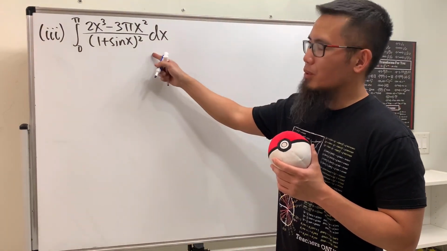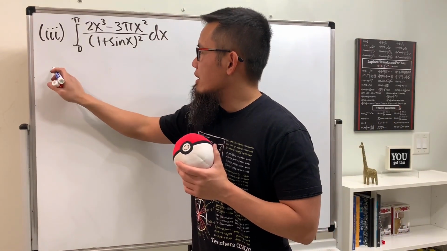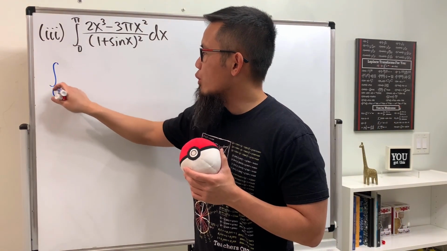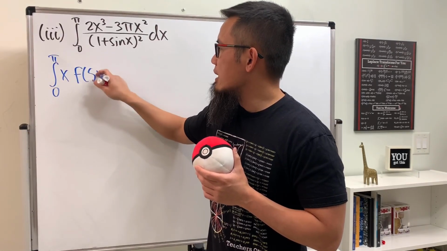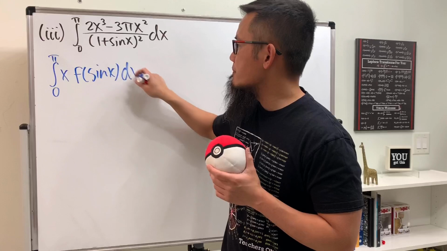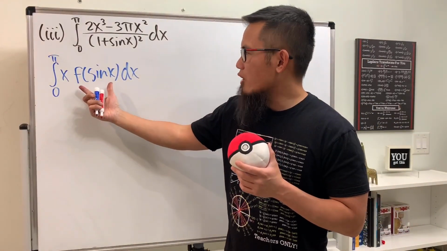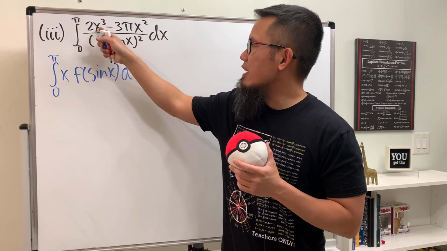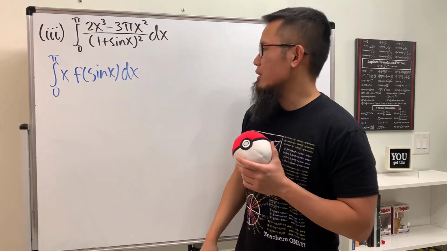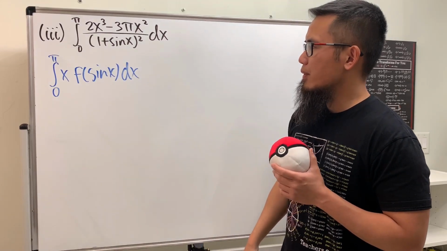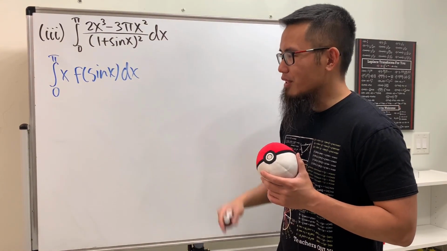So take a look right here. Let's go back to part 2, where we did the identity, right? The integral going from 0 to pi, x times f of sine x, right? We did that. But this wouldn't be so helpful right now because here we have x to the third power and this is x to the second power, right? So what can we do with this then? No hint for this equation. So we have to really think.